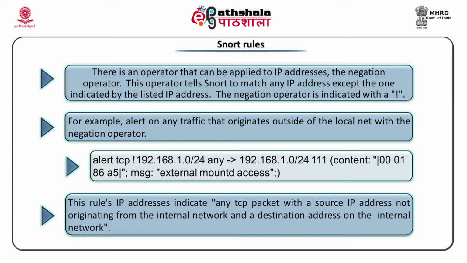In Snort rules, you can use the negation operator. The negation operator is specified by the exclamation mark. The example says alert TCP not 192.168.1.0/24 any to 192.168.1.0/24 111, content is this and message is this.